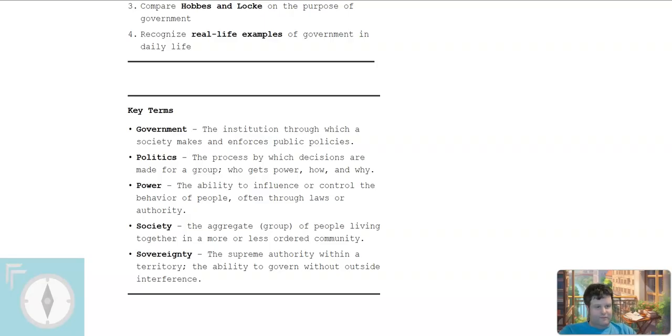The last one that comes up, and we'll definitely go into more on this later on, is sovereignty. Sovereignty refers to the supreme authority within a territory, the ability to govern without outside interference. What this amounts to is how governments of nations separate each other out.